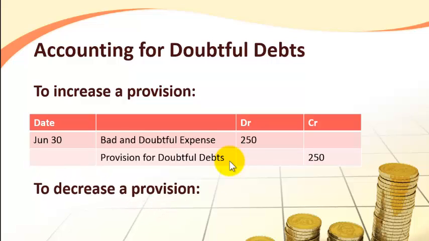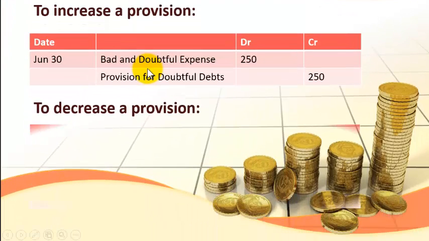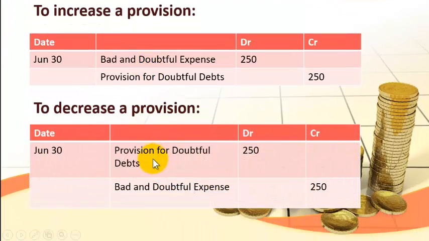If we want to decrease the provision, we need to go the opposite way, and we're going to debit provision for doubtful debts and credit bad and doubtful debts expense. There'll be an example that I will show you later in a future clip to show you exactly the dynamics of how creating a provision works and how it affects the bad and doubtful debts expense account and also the accounts receivable control account.